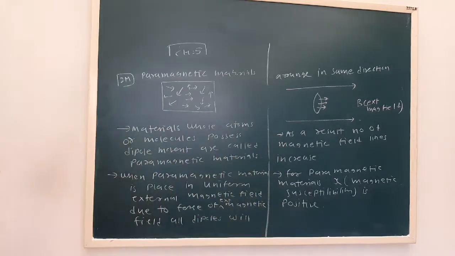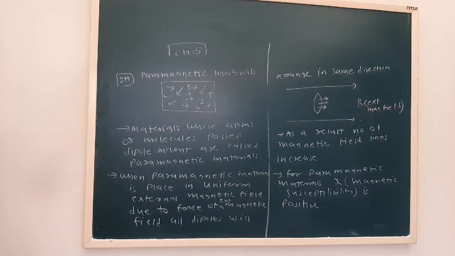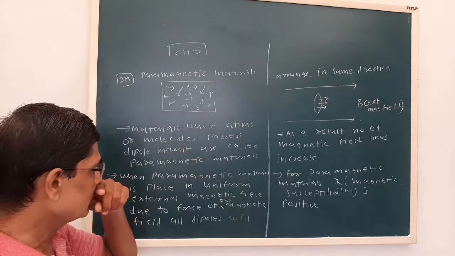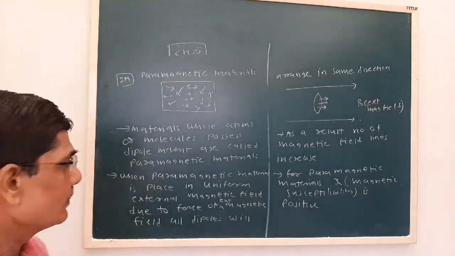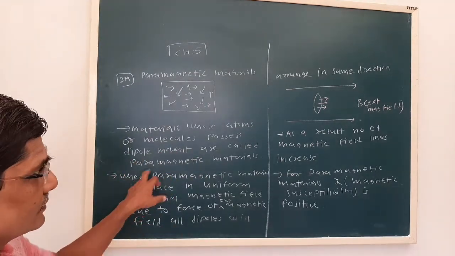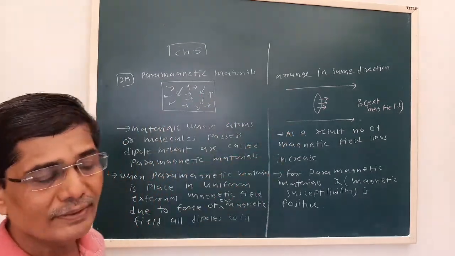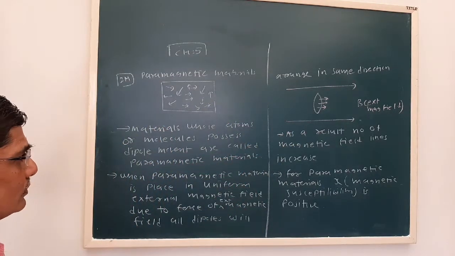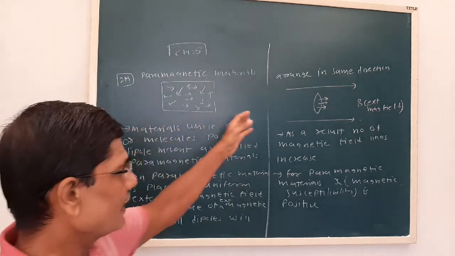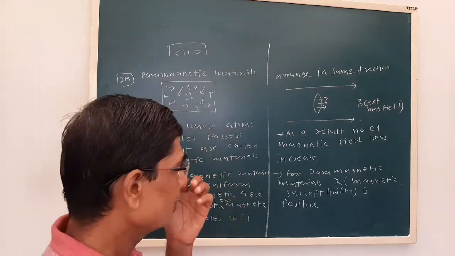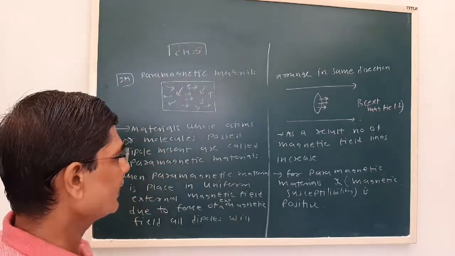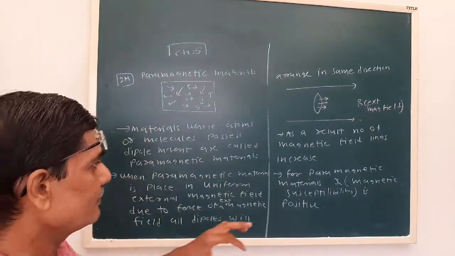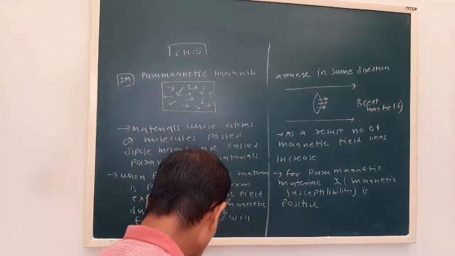Now see what paramagnetic materials are. The materials whose atoms or molecules possess dipole moment are called paramagnetic materials. When paramagnetic material is placed in a uniform external field, due to the force of the magnetic field, all dipoles arrange in the same direction. As a result, the number of field lines will increase. For paramagnetic material, chi value is positive.